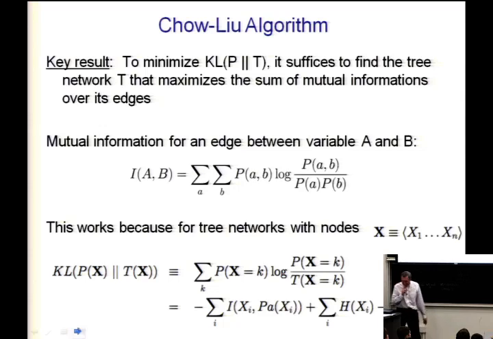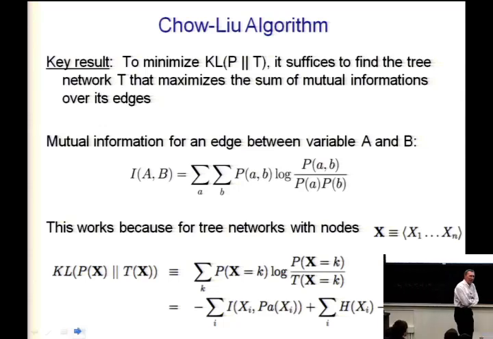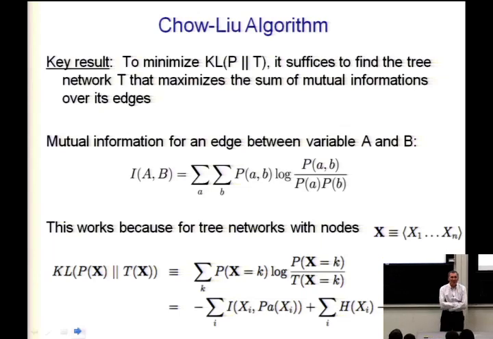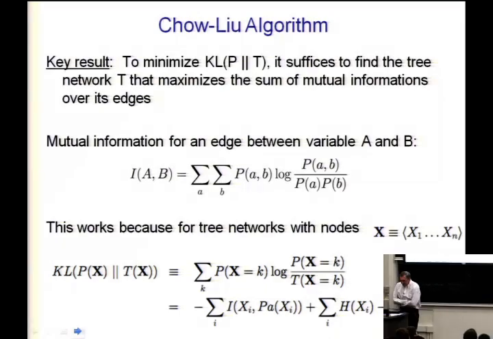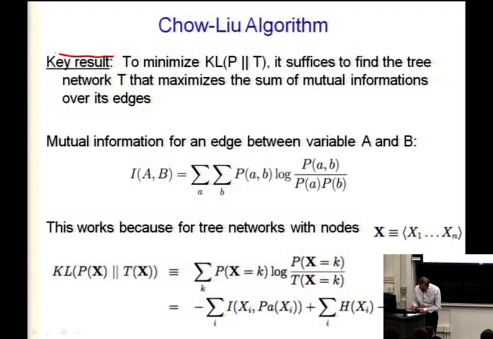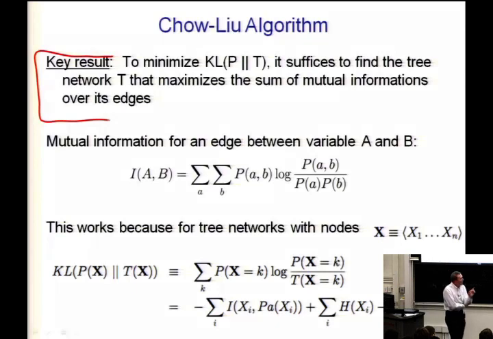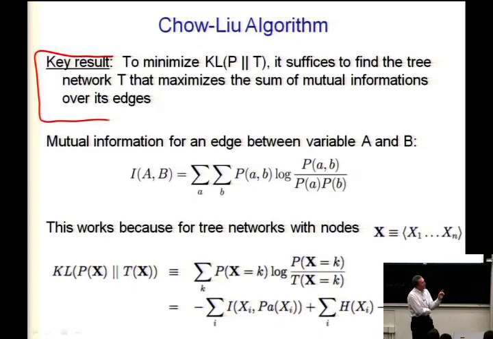Okay. So now, how does this work and why? The way it works is amazingly simple. The way it works is based on this key theoretical result. The theoretical result says if you want to minimize the KL divergence between the correct distribution P and the one given by our graphical model T, then it suffices to find the tree network that maximizes the sum where there's an edge.